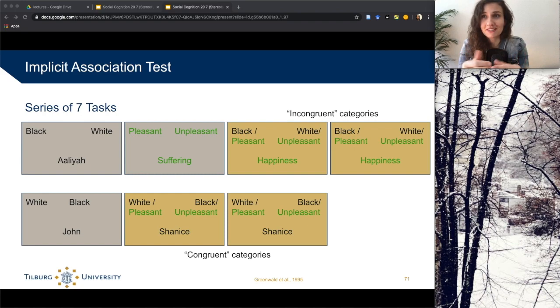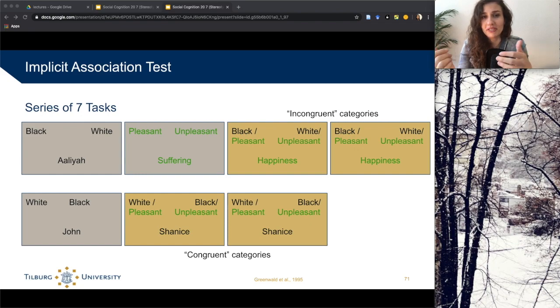In the second task, participants categorize words based on their pleasantness. For instance, we get the word suffering, and participants are supposed to say if this is a pleasant or an unpleasant thing. Many people would say unpleasant. Then we get to the incongruent trials, where the target word that's presented, in this case happiness, is supposed to be categorized into the categories either black and pleasant or white and unpleasant.